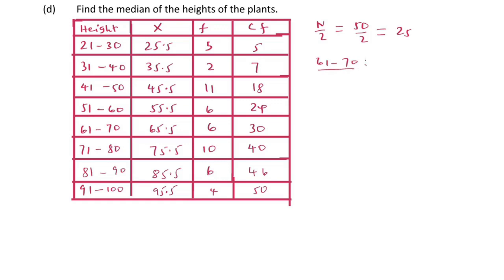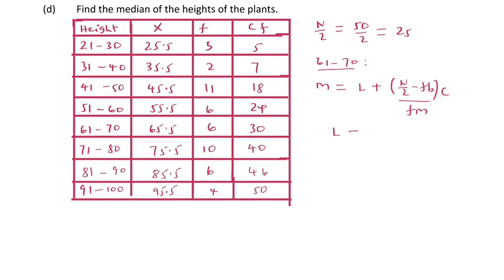The median can be found from the following formula, which says median equals L plus, in brackets, n over 2 minus FB over Fm, times C, whereby L is the lower real limit.